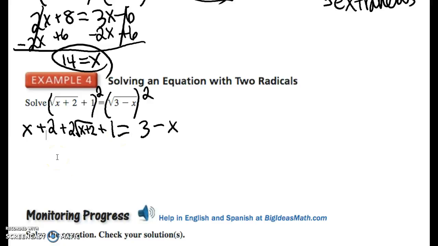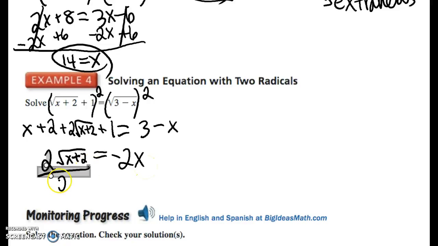From here, I can then move all like terms to one side. So I'm going to subtract x from both sides, and I'm going to subtract the 2 plus 1, which is like subtracting 3. When I do that, I'm left with 2 square root x plus 2 equal to, the 3 will cancel out, and I get negative 2x. Now I just want to divide both sides by 2 and solve it exactly the way I was solving it before.